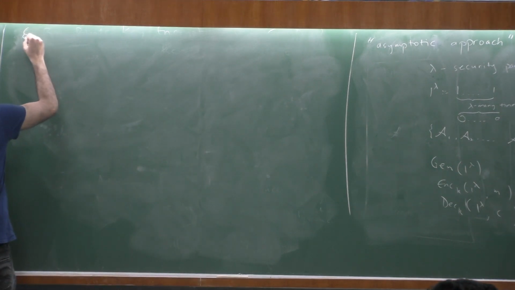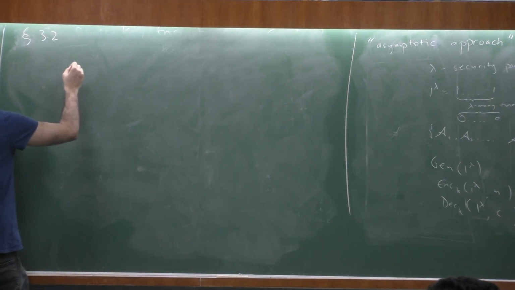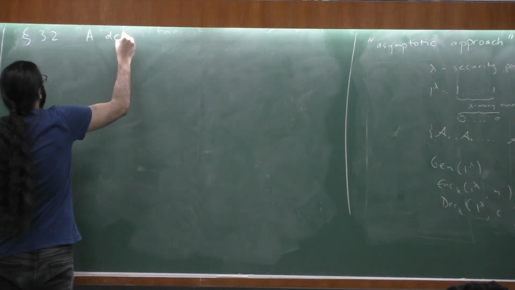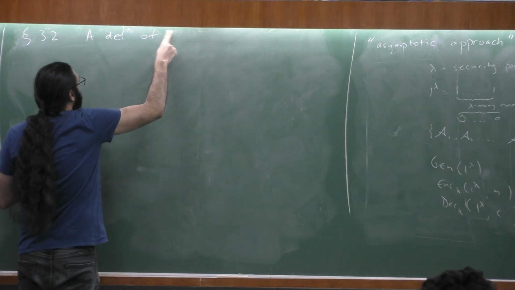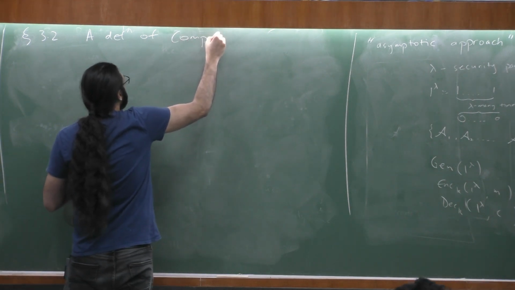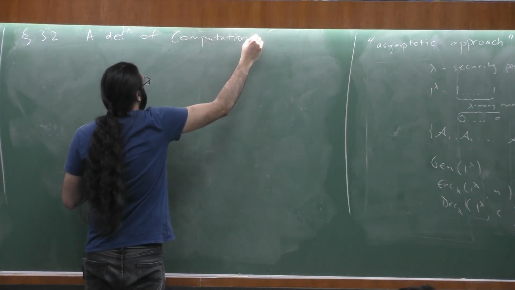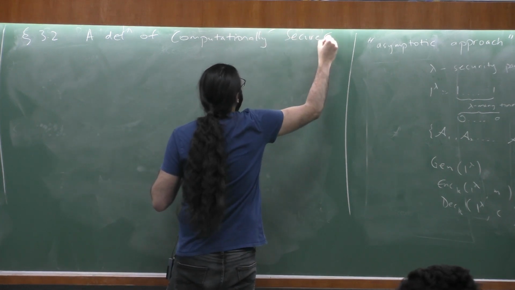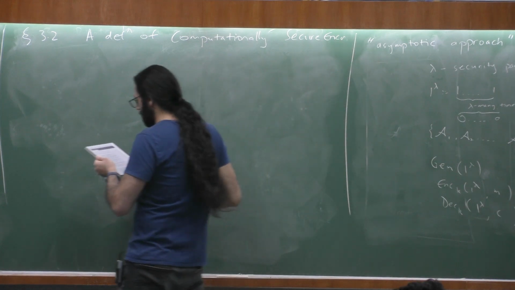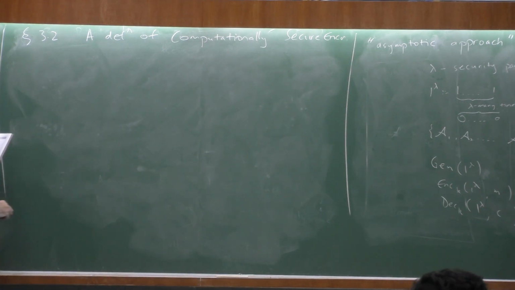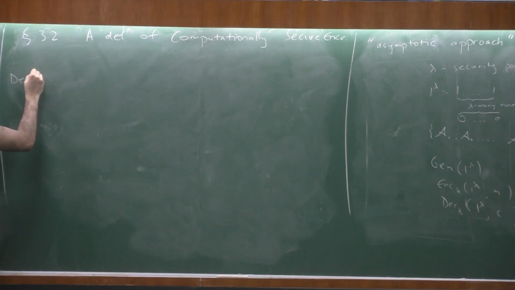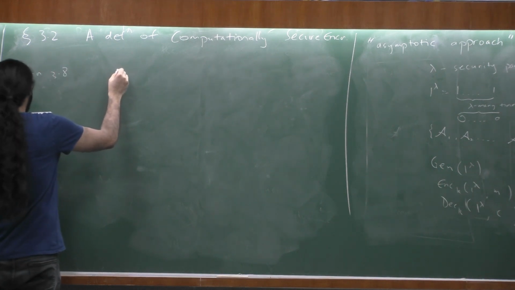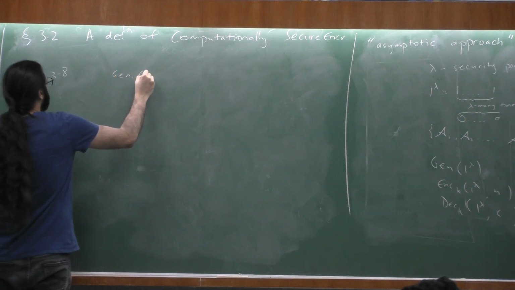Okay, good. So now section 3.2, definition of computationally secure encryption. Okay, so what's the definition?